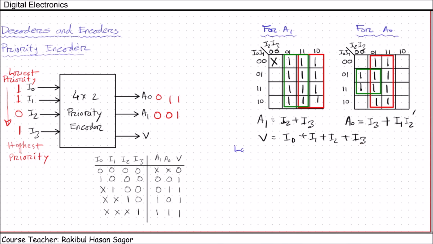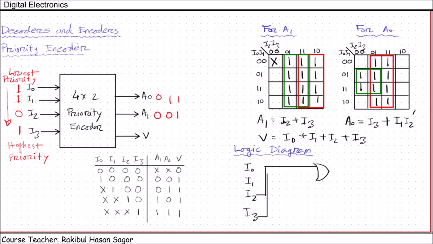Now let us draw the logic diagram. We have 4 inputs I0, I1, I2, I3. The first output will be A1, which is equal to I2 or I3.